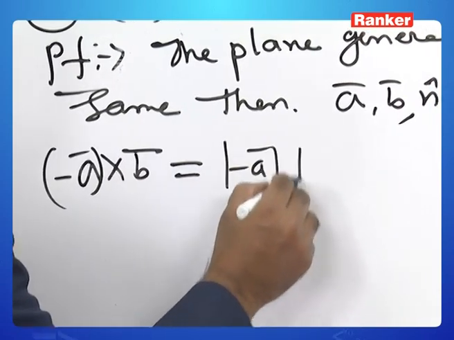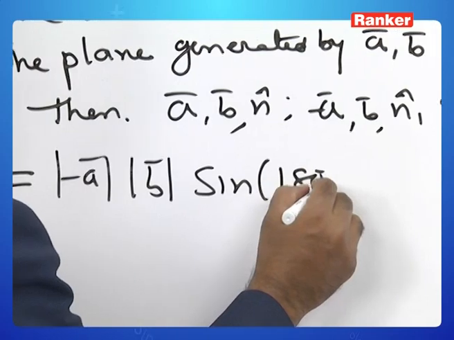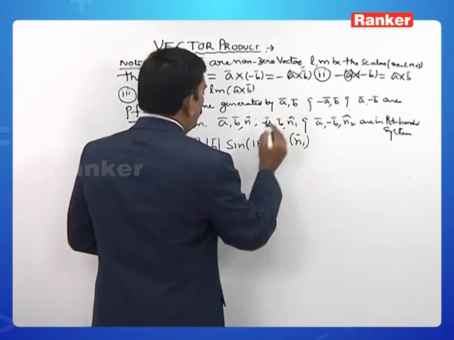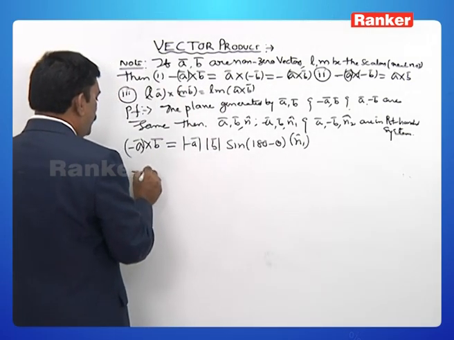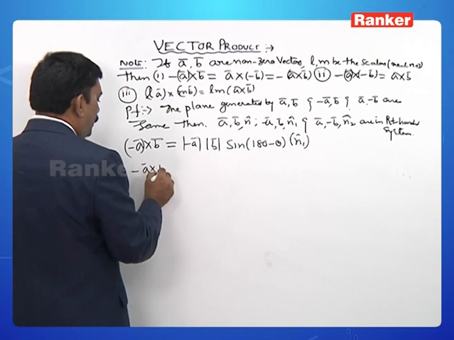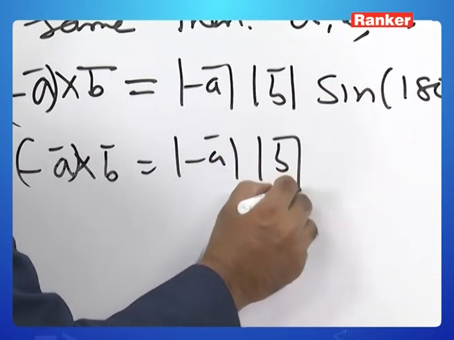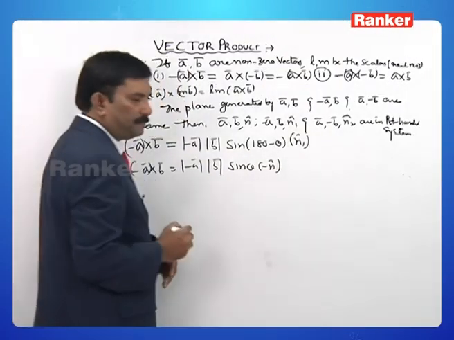So therefore I can write minus A bar cross B bar is equal to modulus of minus A bar, modulus of B bar, into sine of 180 minus theta into n1 cap. So minus A bar cross B bar is equal to minus mod A, mod B, sine theta into minus n cap.